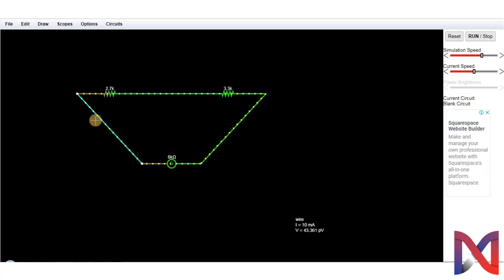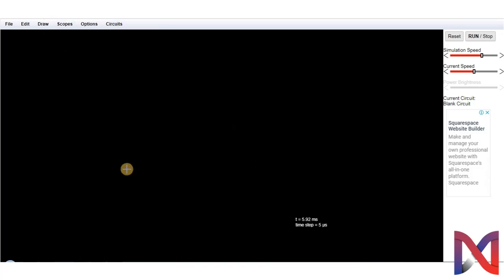Now we will start with our parallel combination and let's see what we get there. Our first example was having 3 resistors connected in parallel. Place 3 resistors in parallel.